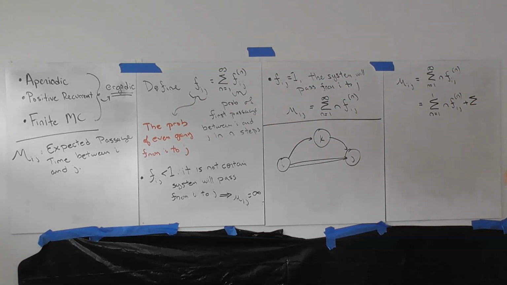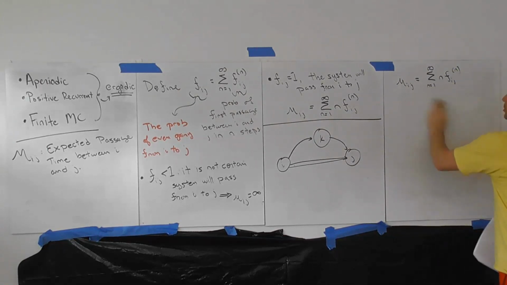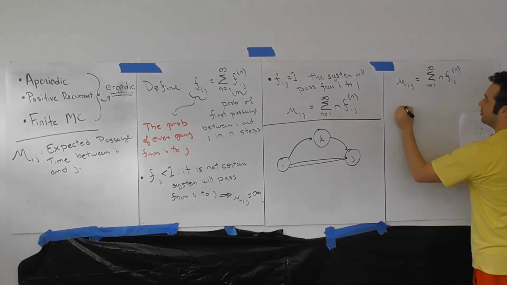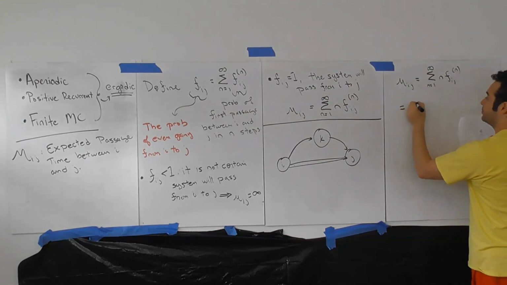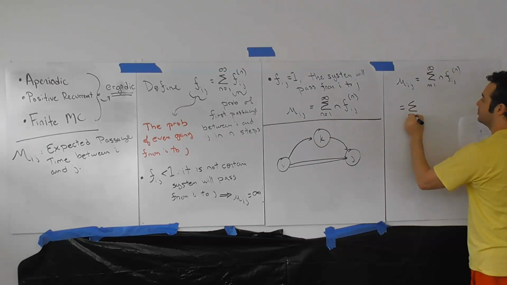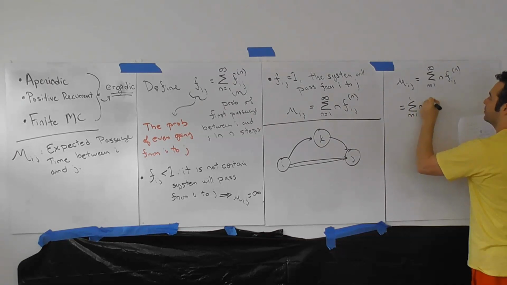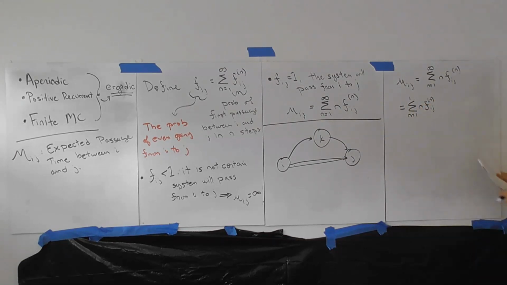So in one step, we went directly from i to j. I'm going to simplify that term a little bit later.